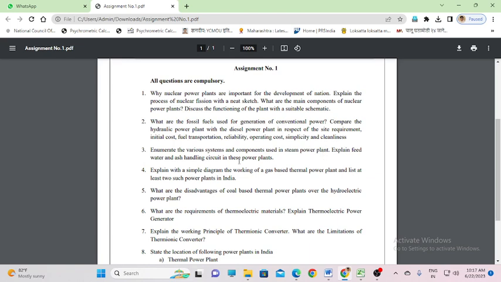Then write the comparison of hydraulic power plant and diesel power plant on the basis of the parameters given in the question, like site requirement, initial cost, fuel transportation. Make a table in which the first column is serial number, the second column is parameter for comparison, the third column is hydraulic power plant, and the fourth column is diesel power plant. Compare them on the basis of the parameters mentioned in the question.